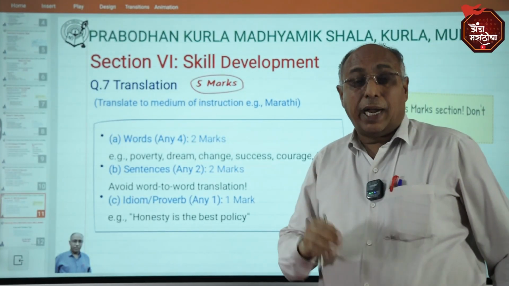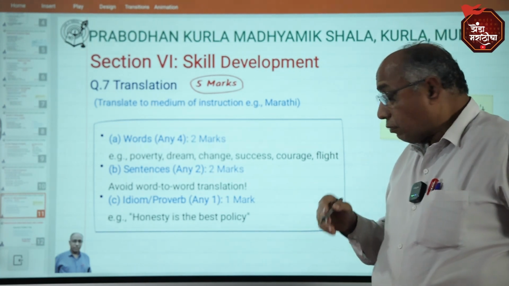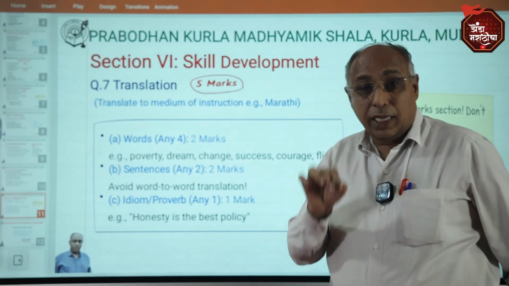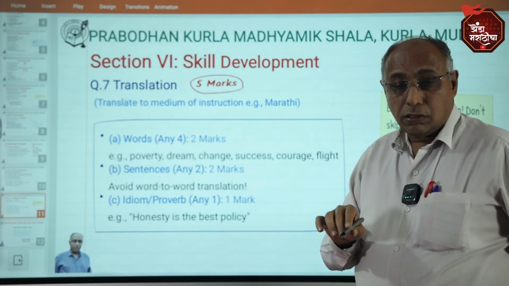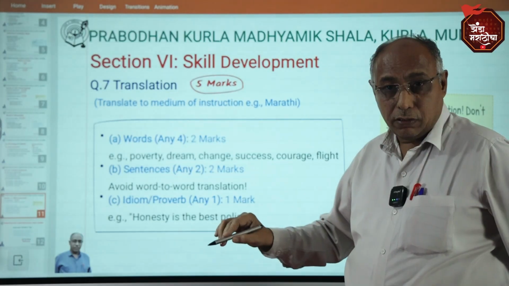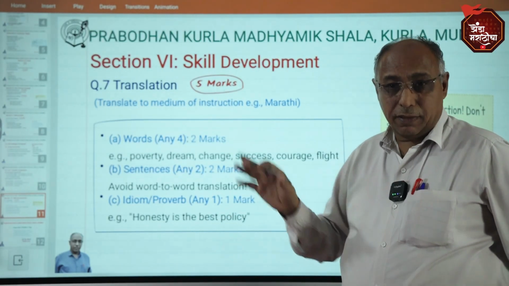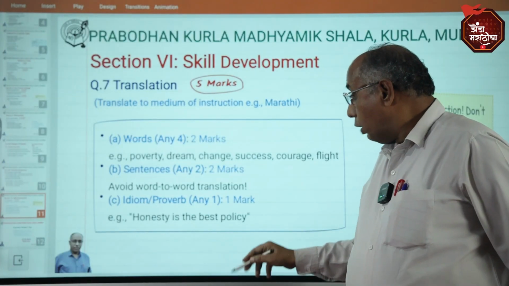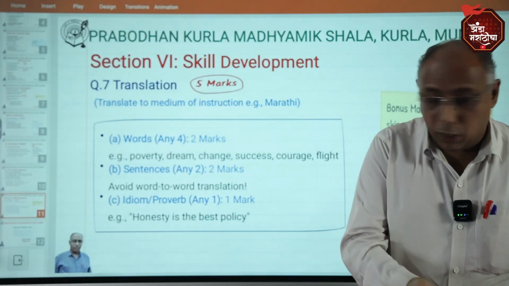We listen to different kinds of idioms or proverbs, and the language of idioms or phrases is not related to word meaning. Means every word will not carry the same meaning. So here I have given one example, but different ones can also be asked.